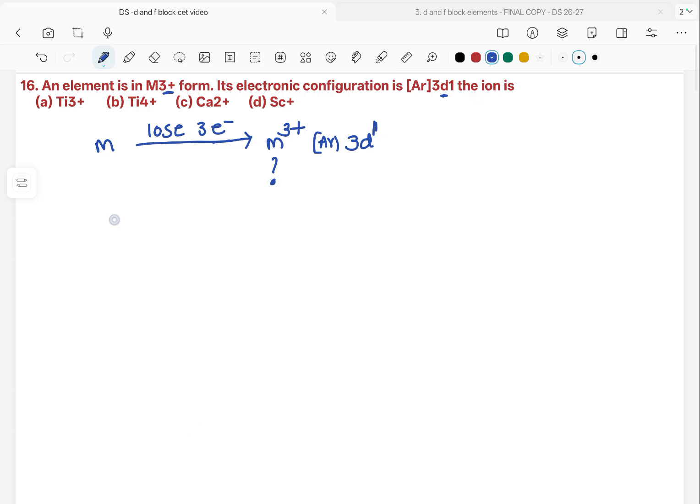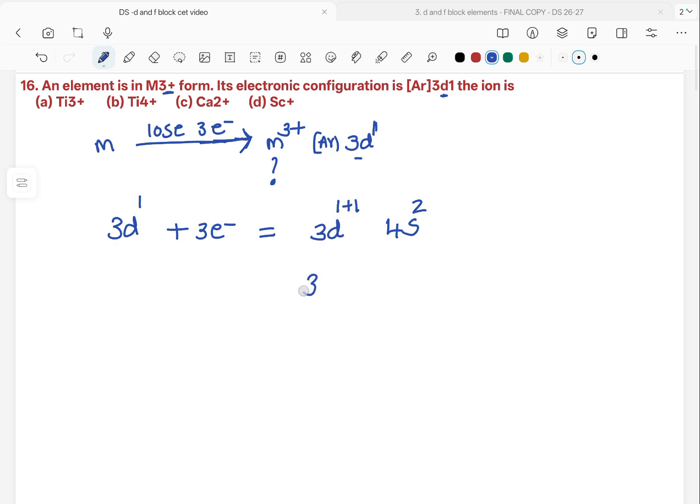In order to find out that, let's take the 3d1 configuration. For this, add 3 electrons which are lost during the formation of the metal ion. So when we add 3 electrons, first 2 electrons enter the 4s orbital, and the rest enters the 3d orbital, where already 1 is there and you add 1 more here.